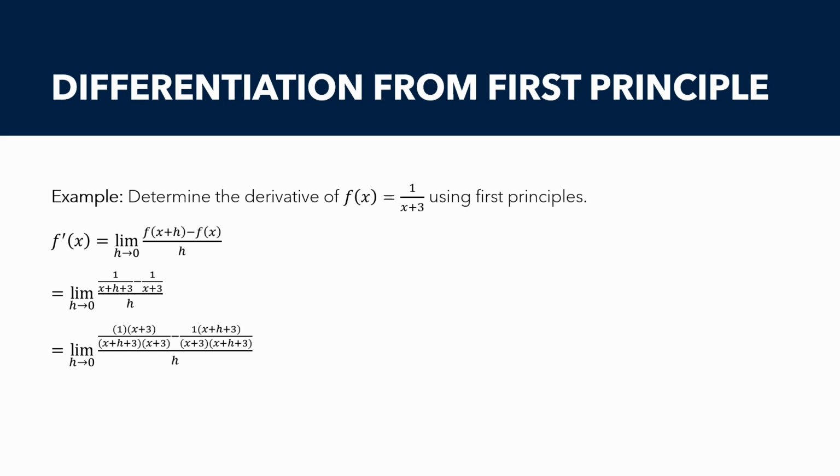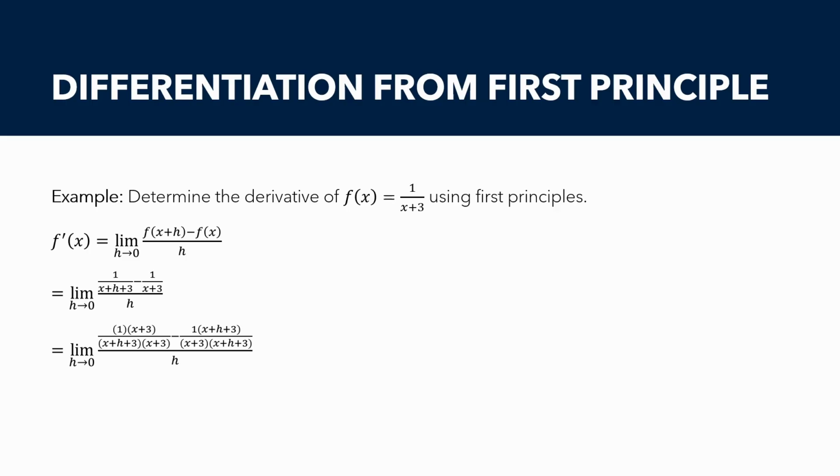And because what I do at the bottom, I must do at the top, also the 1, I'm going to multiply it with x plus 3. Going to the right hand side of the negative sign, the x plus 3 now, I'm going to multiply it with x plus h plus 3. And also the 1 on the numerator, I must do the same as well.